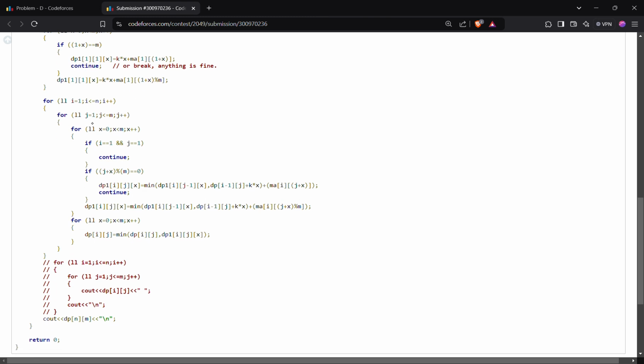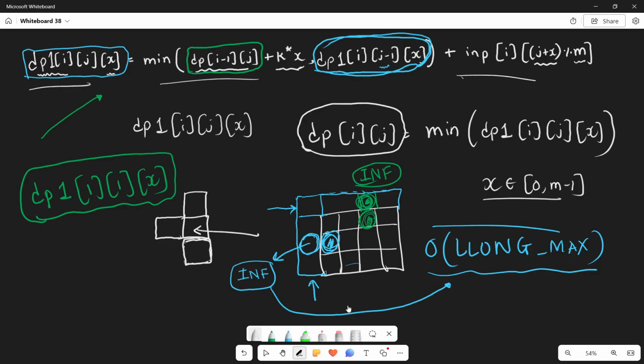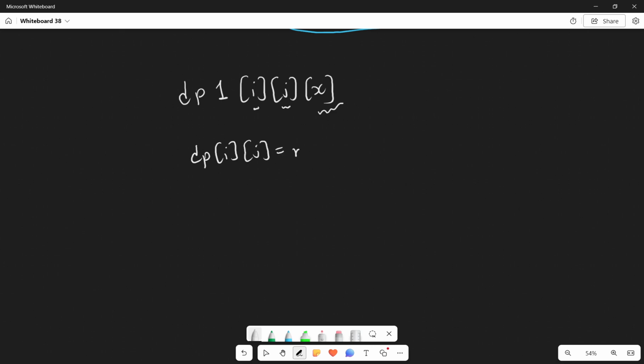And after every value for dp1 of i, j, x is calculated, so all the values related to x are calculated for every i, j, then you have to update dp of i, j to the minimum of all the dp1 of i, j, x over all the x, right?